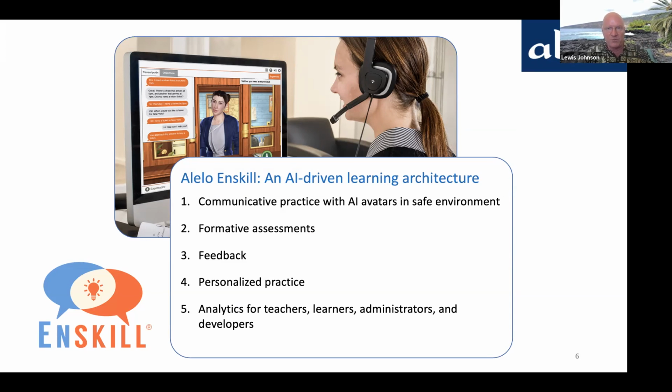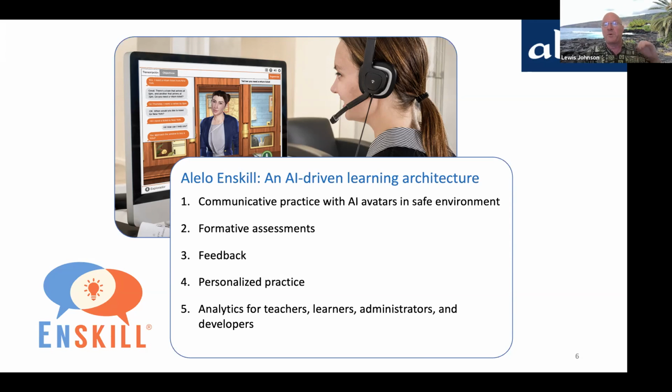I'll show you some examples of what we did. What nSkill provides is an opportunity to practice skills with AI avatars. We say it's a safe environment because it doesn't matter if you make mistakes, with no risk of embarrassing yourself. We've used this extensively for learning foreign languages and foreign cultures, and we are seeing other applications in the workplace as well, which I'll get to in a moment.